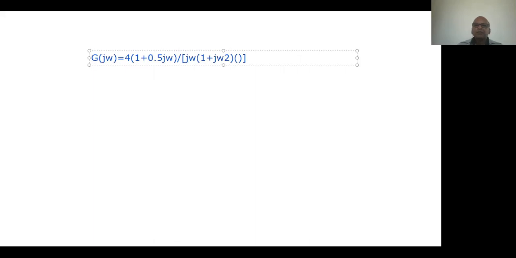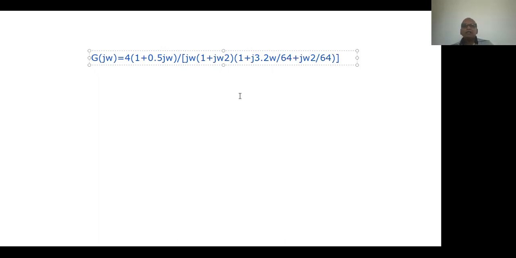Here is 1 plus j 3.2 omega divided by the 64 plus j omega square, consider as a square, j omega square divided by the 64.